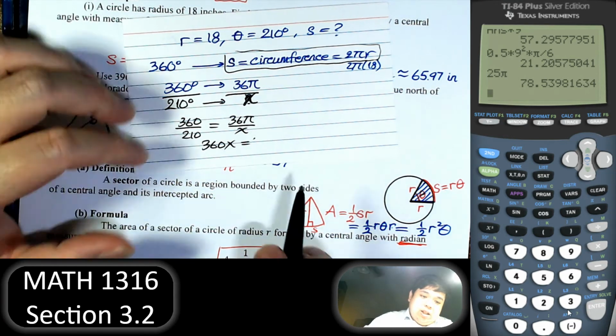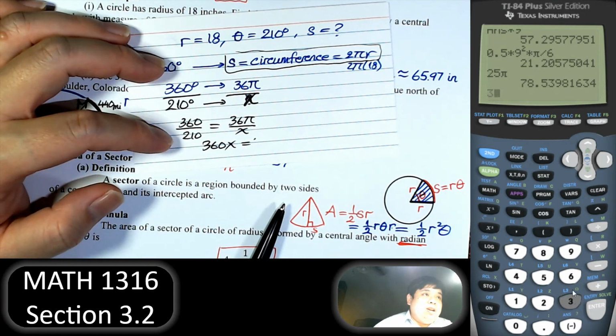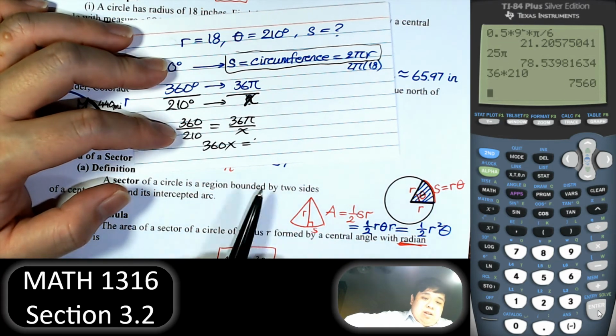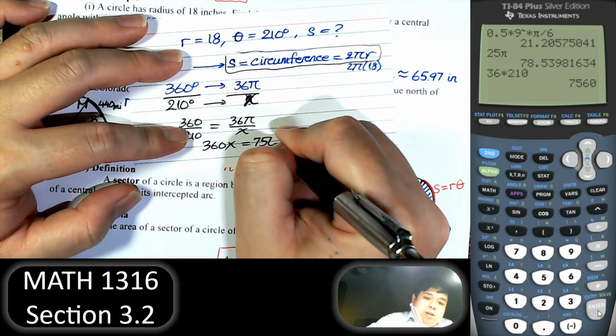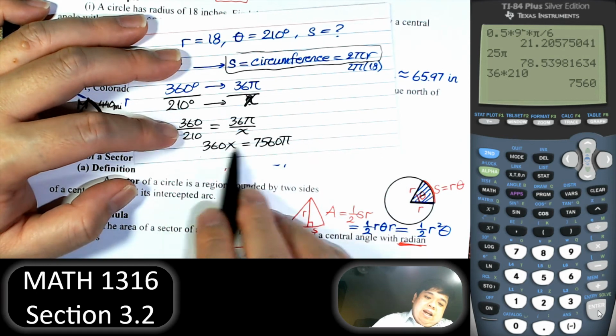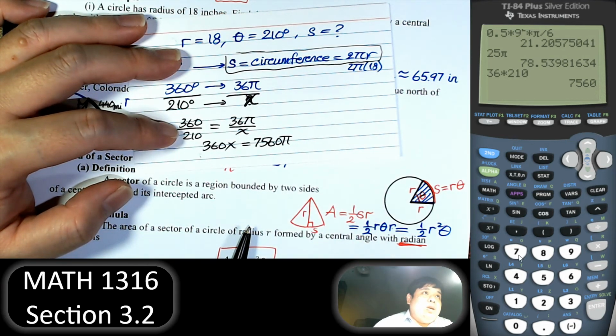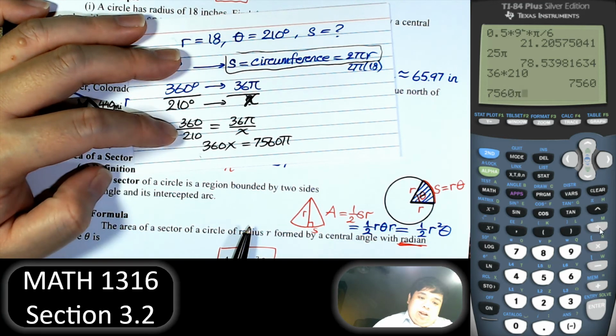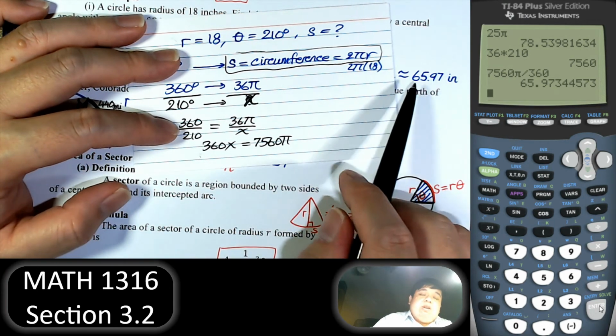And so 36 times 210 is 7560. Then pi, divide by 360, so we end up with 65.97.